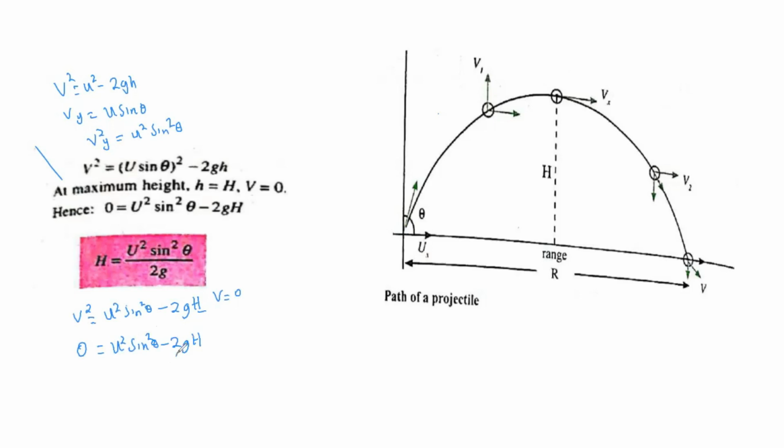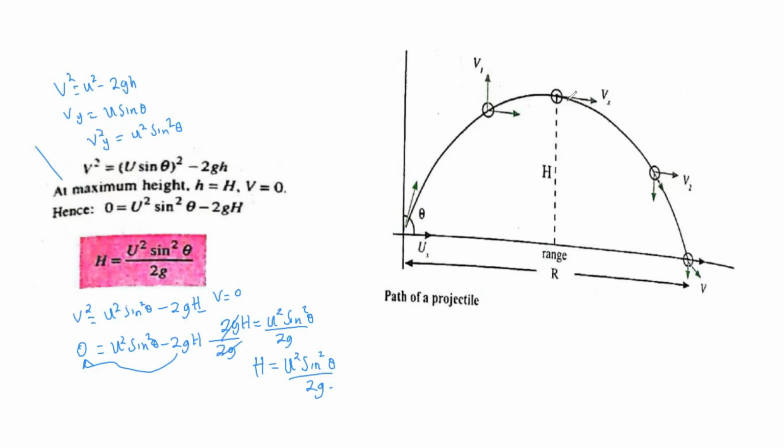If you collect like that, this one will come here, becoming 2gh is equal to u square sine square theta. Divide both sides by 2g, and this cancels that. Then h becomes u square sine square theta over 2g. So this one becomes the maximum height.